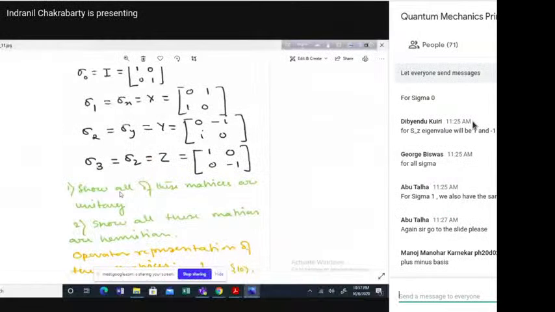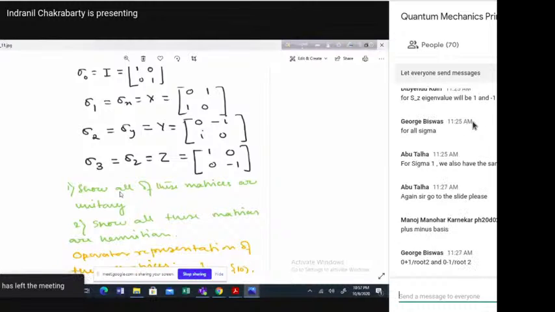I'm not bothering you, I know that you will be able to show that they are unitary and Hermitian. I just want to see two things. One is how you are representing these Pauli matrices in, for example, the plus minus basis, what is the matrix representation, and also which operators are diagonal.